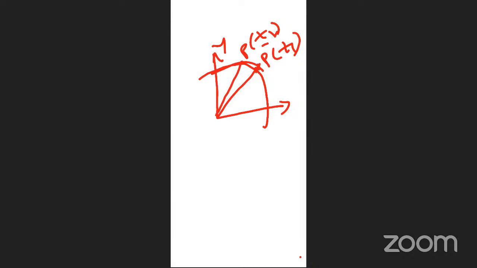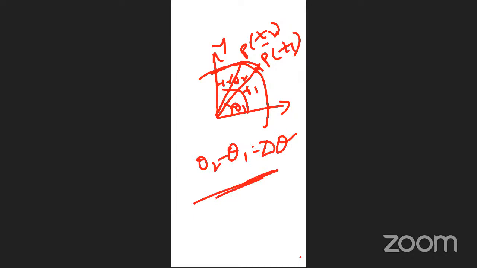Then the angular positions are theta 1 and theta 2, with position vectors r1 and r2. The angular displacement is theta 2 minus theta 1, which is del theta, during the time interval t2 minus t1, which is del t.